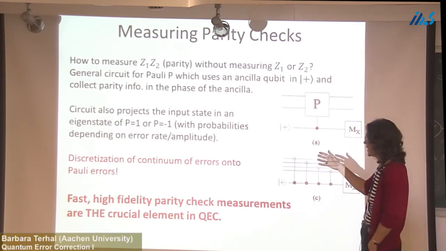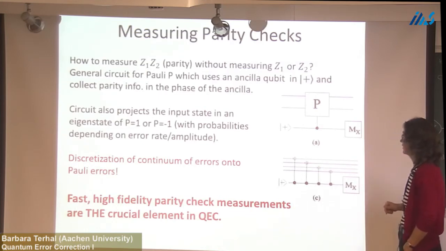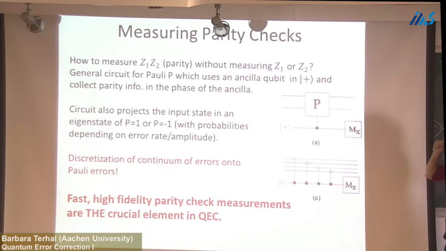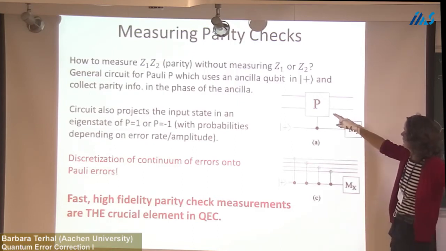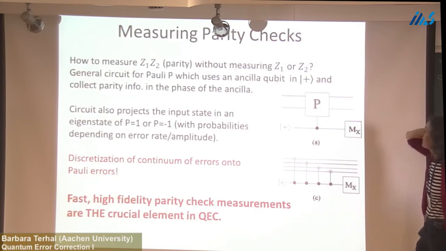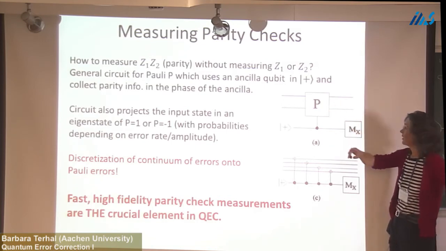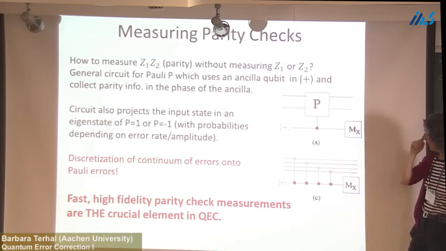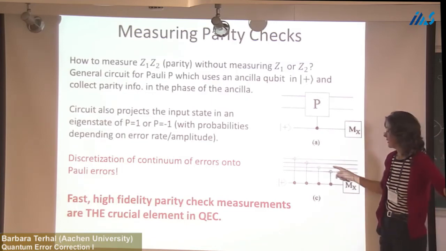Okay, so there's a discretization of a continuum of errors onto Pauli errors in this fashion, assuming we can do this. Now, one thing, if I have a gate like that, and let's say P is 4 X's, X1, X2, X3, X4, then the circuit looks like this, with these knots.